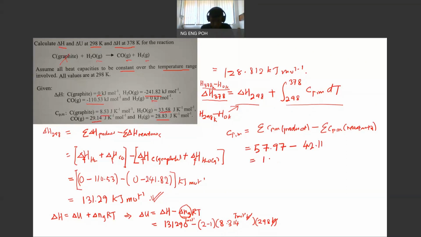So delta Cp is 15.86 joule per mole per Kelvin. Now you can replace delta Cp with 15.86.